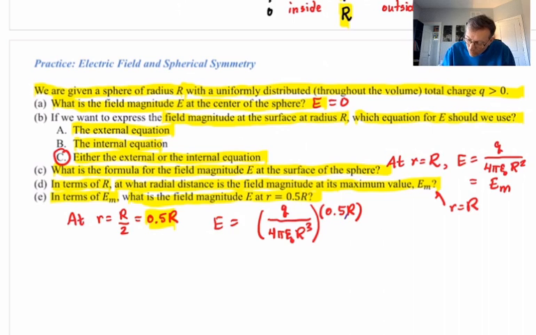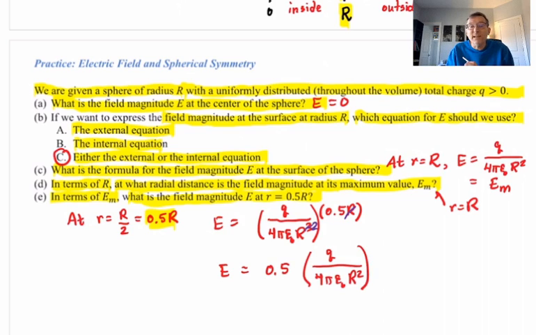So actually one factor of R cancels, and you get E equals 0.5 times Q over 4 pi epsilon 0 big R squared, but that quantity in the parentheses is what we called E maximum. So the answer is that the field is half of E maximum when the radius is half the maximum.